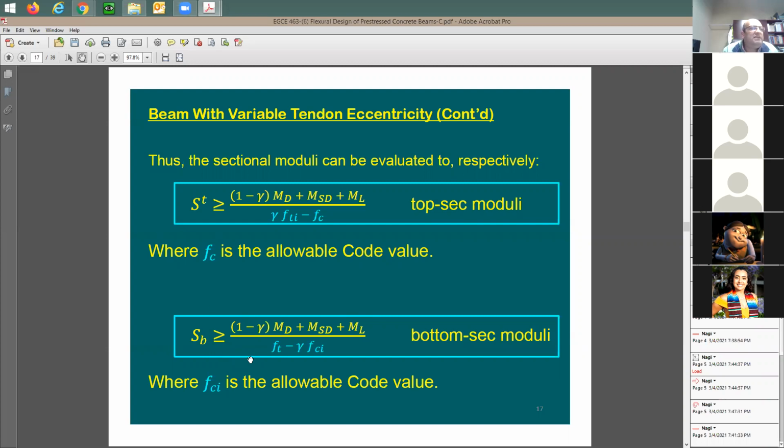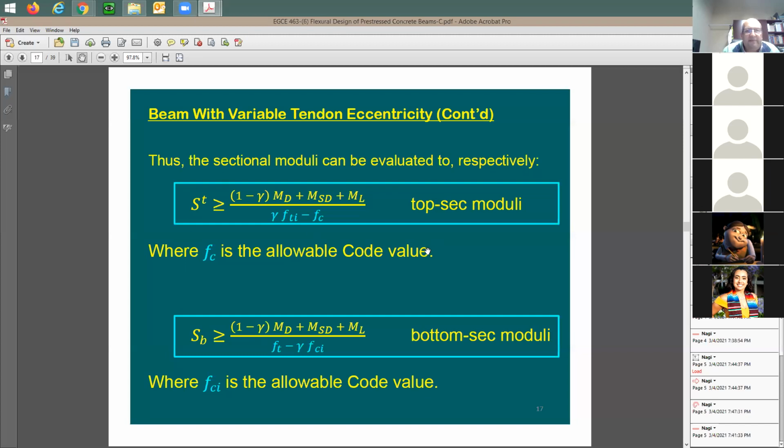Now let's look here. This S top is going to be based on what? It's going to be based on gamma, amount of dead load, amount of superimposed dead load, amount of live load. It's going to be also based on the maximum allowable tension at the time of transfer, subtracting the allowable compression in the concrete at the surface level.